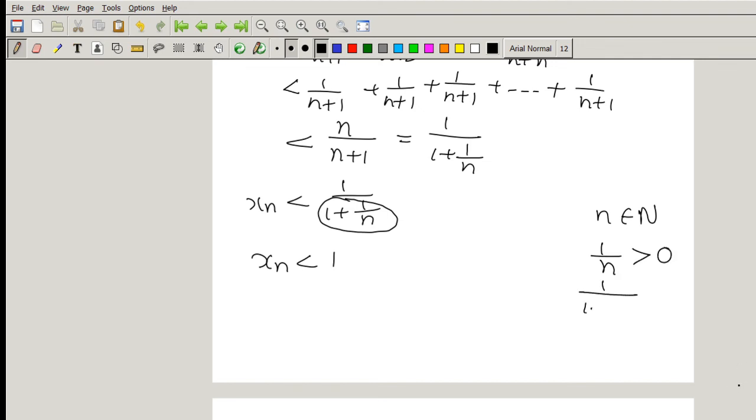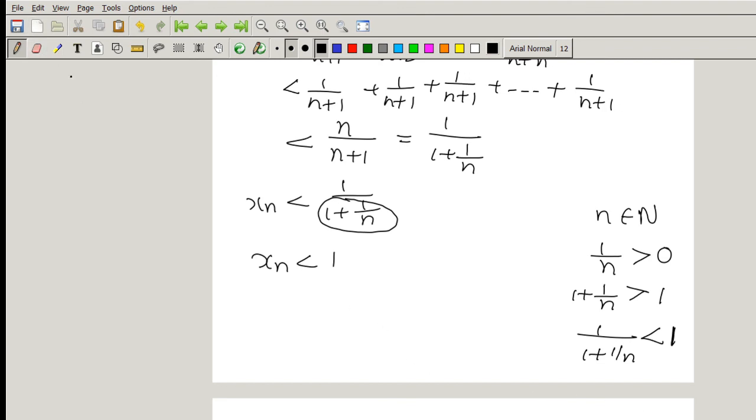Therefore, just add 1 to this term. 1 plus 1 by n is greater than 1. Add 1 to both sides. Therefore 1 plus 1 by n is greater than 1, or 1 by 1 plus 1 by n is always less than 1.